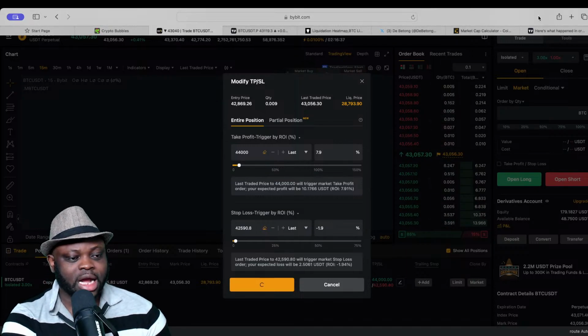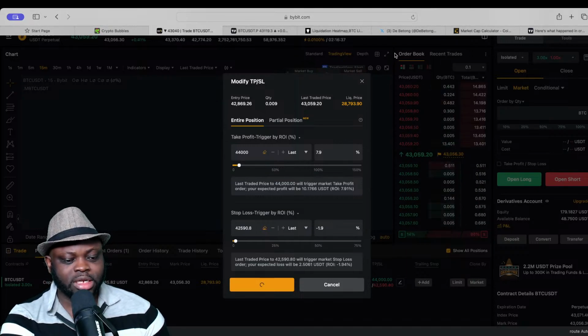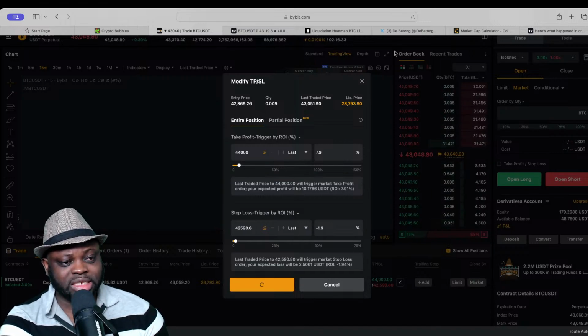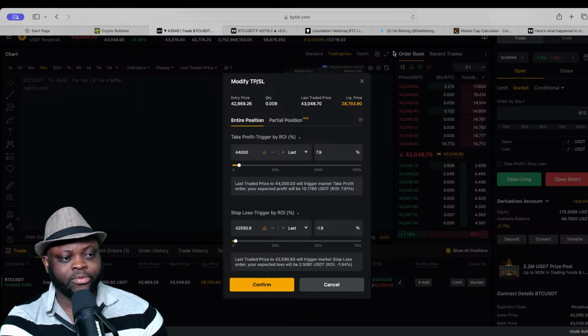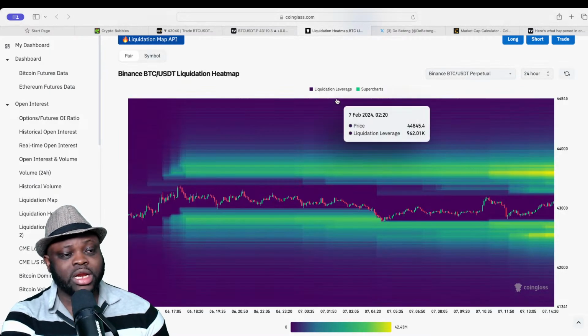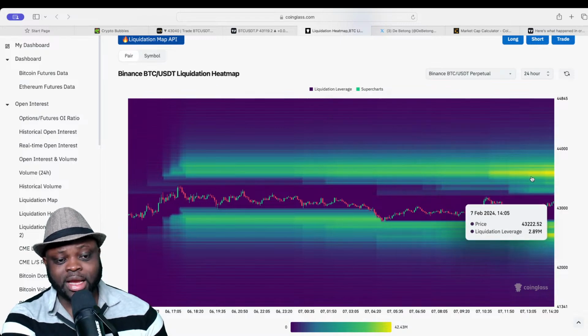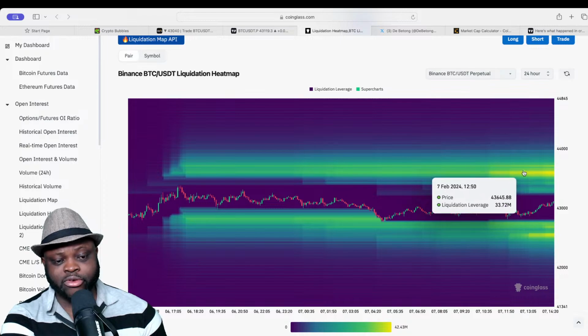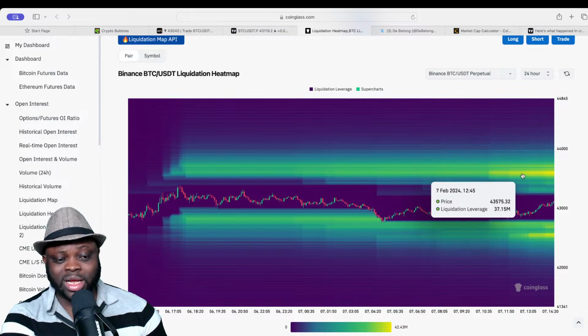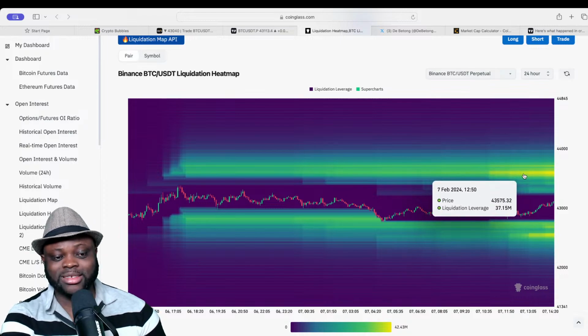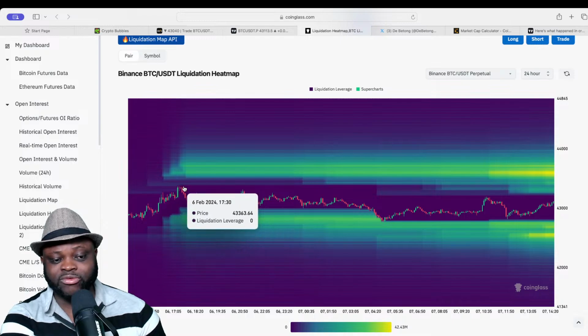So this is how you should go about investing, preparing yourself for what might happen in the market, and looking at these liquidation areas. You can see price is favoring the upside. It means that we can see price spike and take this liquidity at around 43,500. Price attempted to get there yesterday, but it didn't succeed.